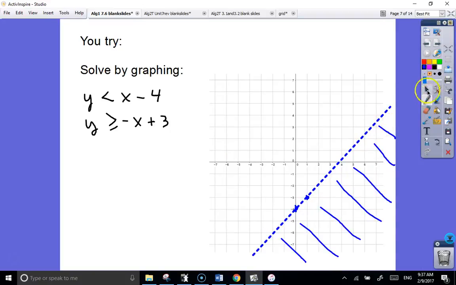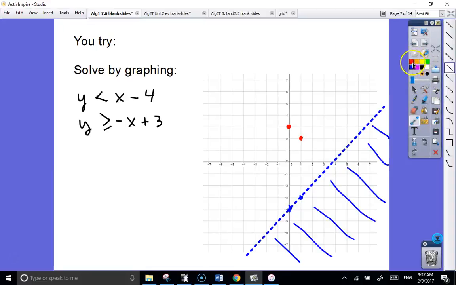Okay, second line. Y-intercept is 3. The slope is -1. Down 1, right 1. Solid or dashed? It is solid. And something like that.